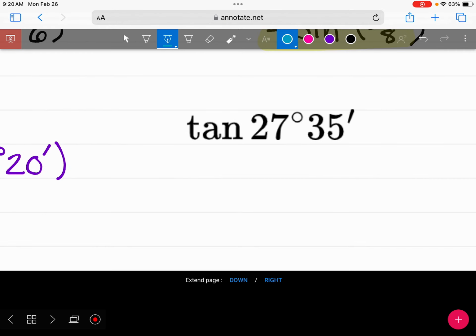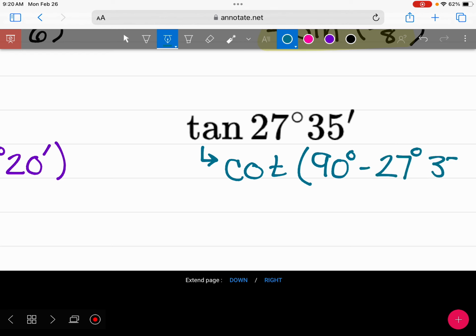Same thing with tangent. Over here, we're going to take our tangent and turn it into our complementary cofunction. So our cofunction is cotangent. And the way we get our complementary angle, again, this one's in degrees, so we're going to do 90 degrees minus 27 degrees, 35 minutes.